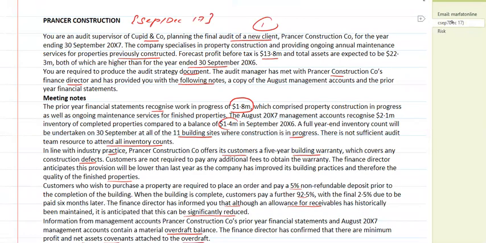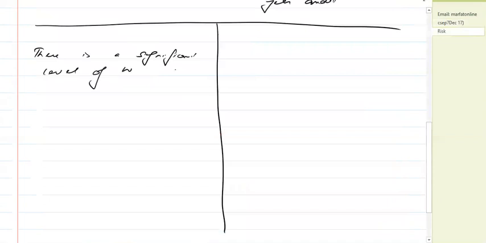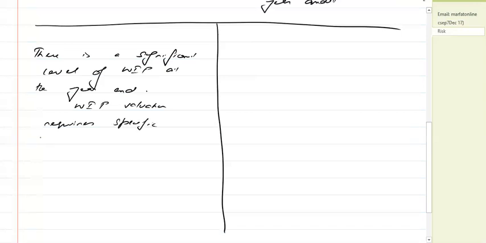Okay. The prior year financial statement recognized work in progress of 1.8, which comprised property construction in progress as well as ongoing maintenance service. Okay. There is a significant level of work in progress at the year end. Work in progress valuation requires specific skills and knowledge.